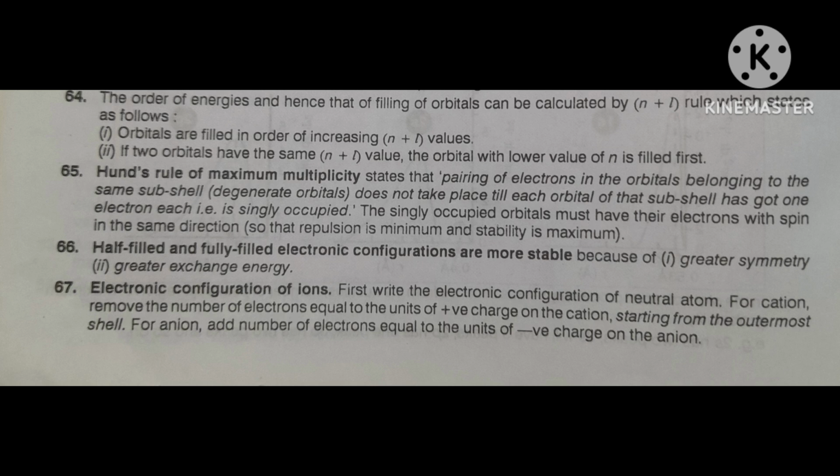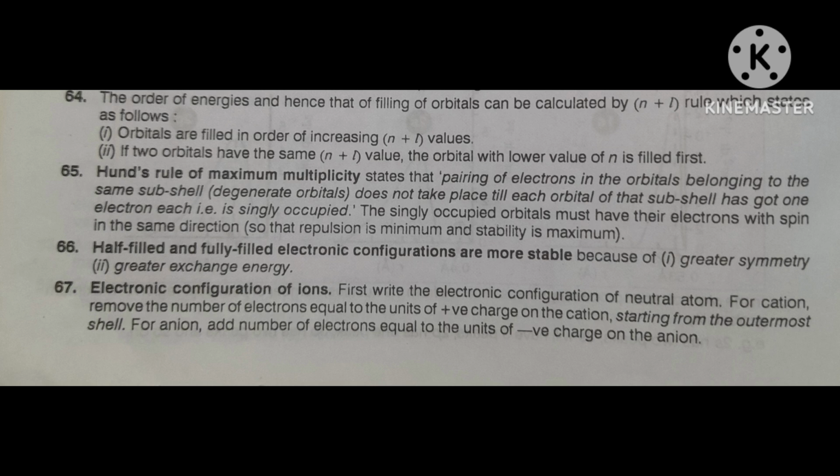After that, pairing will start. Now again, I already discussed half filled and fully filled electronic configurations are more stable. Why? Because of greater symmetry, and second, greater exchange energy. First, due to the greater symmetry, half filled means all are single.